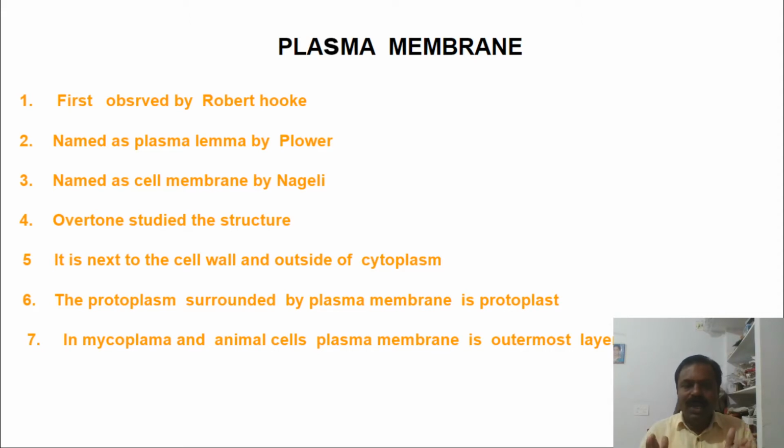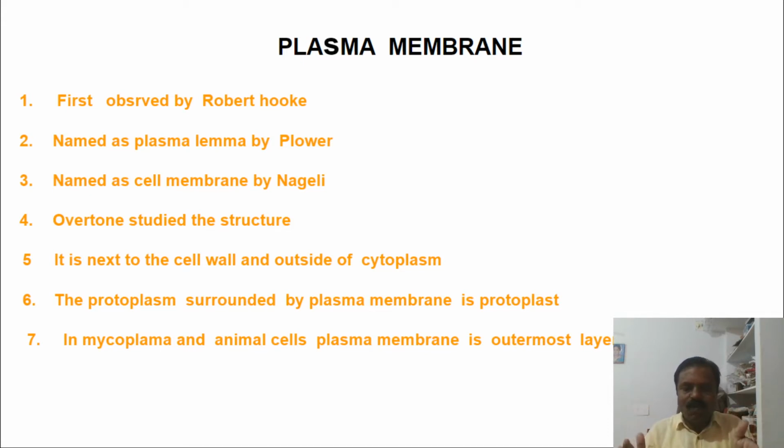It can be observed in plasmolyzed cells. When there is exosmosis, the movement of water out of the cell, the plasma membrane, which is present next to the cell wall, moves inwards. This condition is called plasmolysis.